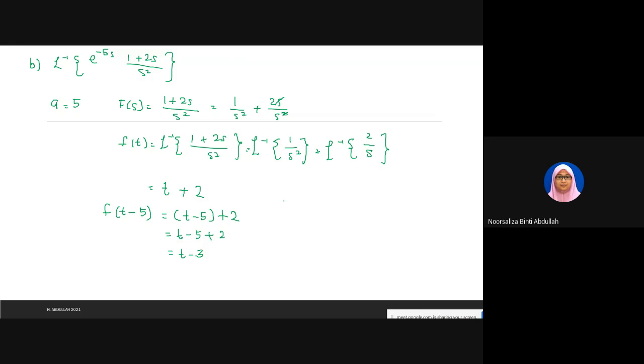Okay. Then last kali. So inverse for exponent minus 5s, 1 plus 2s over s square is actually equals to T minus 3 times with H T minus A. What is your A? 5.